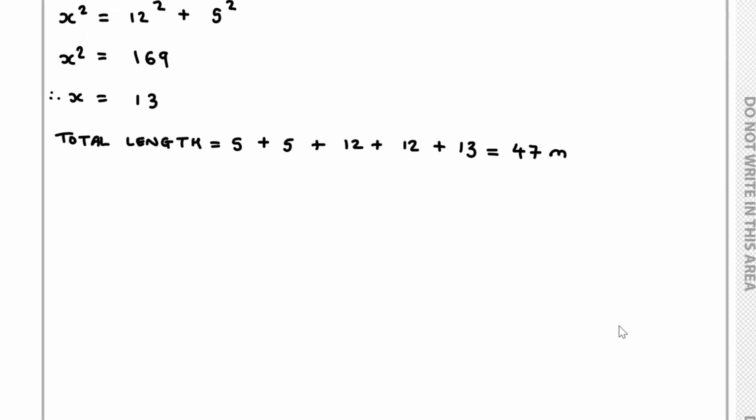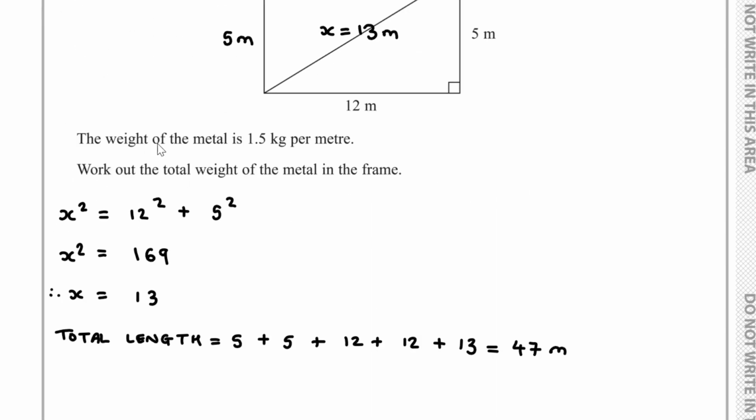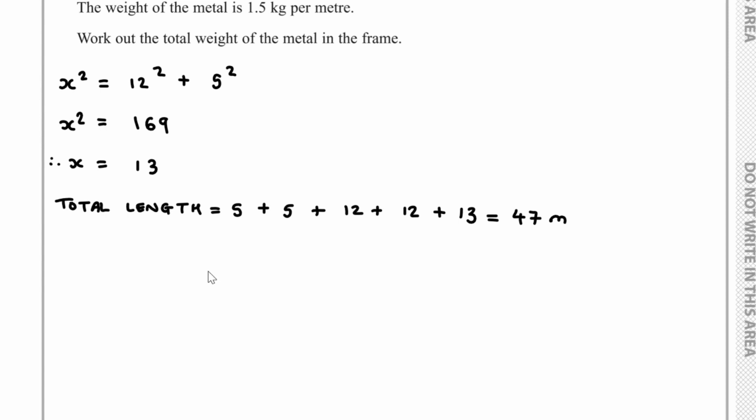Now we know already from the question the weight of the metal is 1.5 kilograms per meter. So for every 1 meter we have 1.5 kilograms. Now here we have 47 meters. To go from 1 to 47, of course here we just multiply by 47, so we need to multiply the 1.5 by 47.